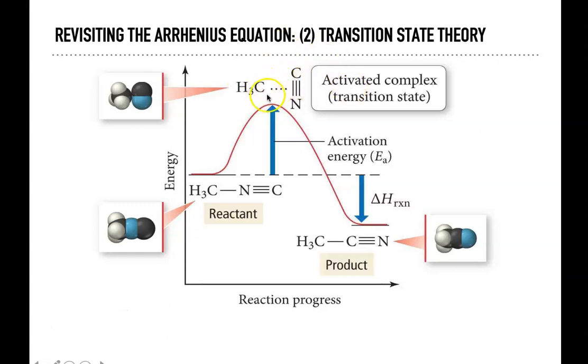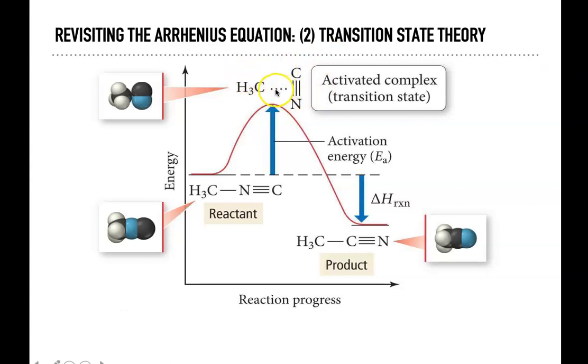The bond between carbon and nitrogen is starting to break, and a new bond is starting to form between carbon and carbon. But the old bond is not completely broken, and the new bond is not yet fully formed. So in this transition state, the energy is high. In any change, the transition state requires a high amount of energy. So this is the unstable activated complex.